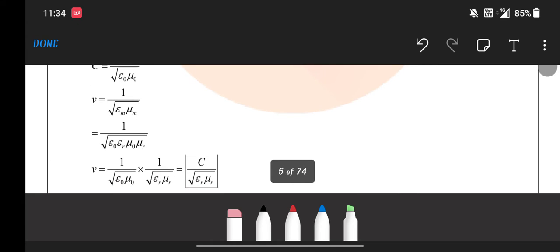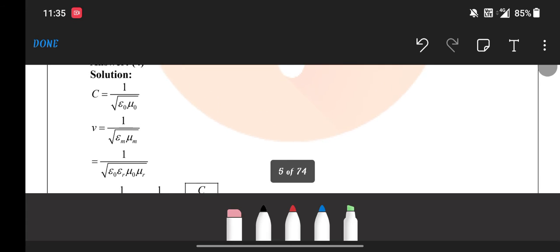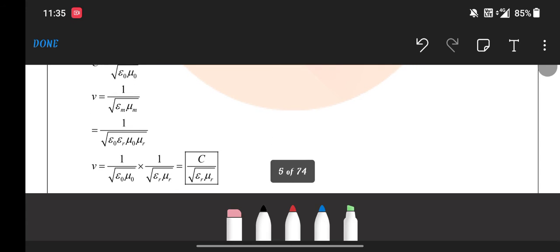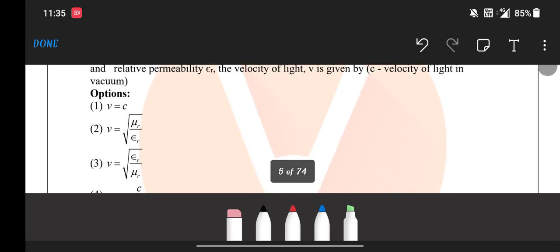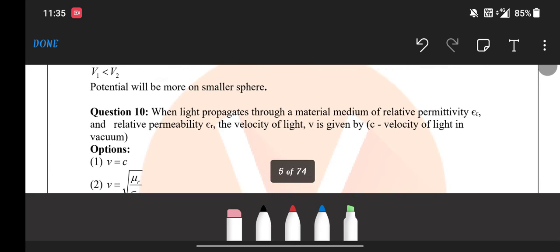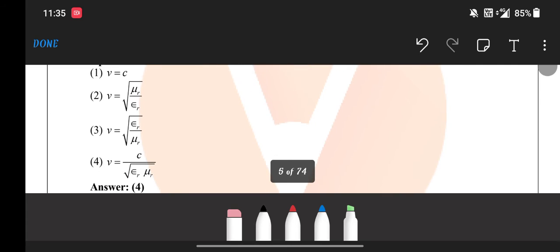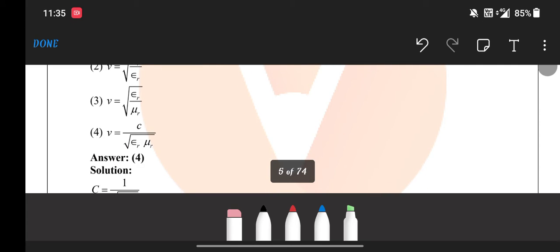That is V equal to 1 by root E naught mu naught into 1 by root ER mu r, and taking 1 by root E naught mu naught as C, V is C by root ER mu r. That is the answer for question number 10, which is option 4.